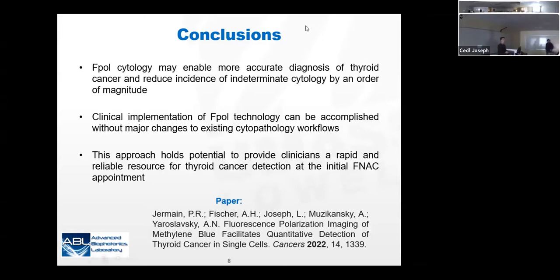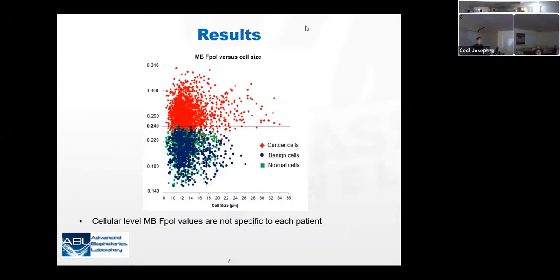I have a question about this threshold. You put the threshold at 0.245. Did you calculate the threshold? That's a great question. So this is an empirically determined threshold from the analysis of those 32 specimens containing 3,521 cells.